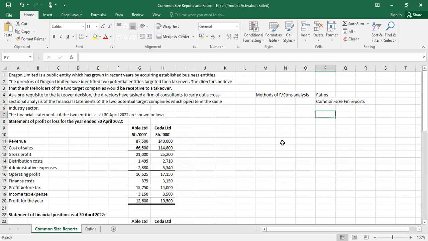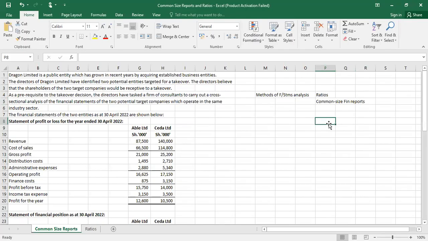Further analysis means breaking down the financial reports into more refined info, easier to understand. And this we can do through number 1, ratios, and number 2, common size financial reports.